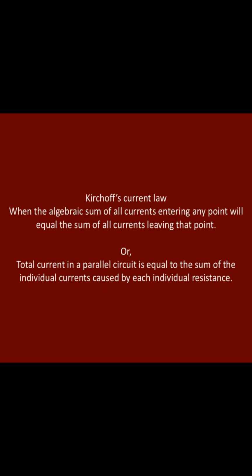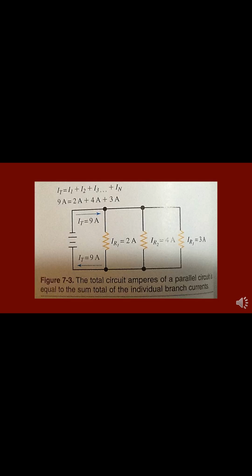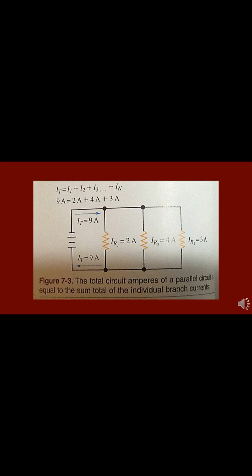Simply stated, the current flowing into a junction of parallel resistance is equal to the current flowing out of the same junction. This leads to the conclusion that the total current in a parallel circuit is equal to the sum of the individual currents caused by each individual resistance. The individual currents are called branch currents. The total current is called mainline current. This is shown in figure 7-3.